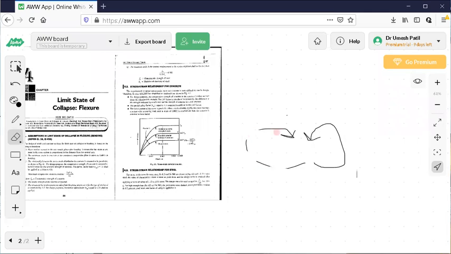I will show you this diagram. Just observe here. The question is how the beam develops moment of resistance, or a couple, which counterbalances the bending moment.